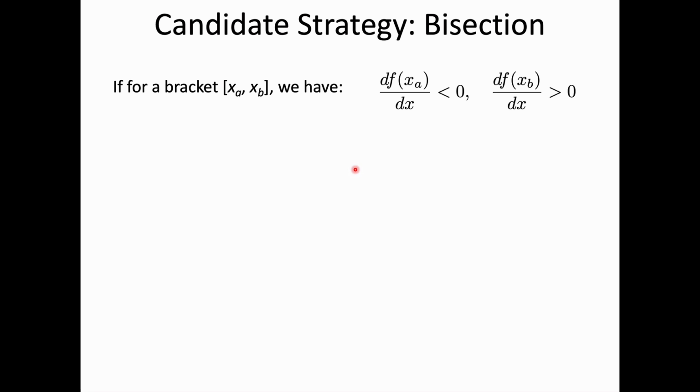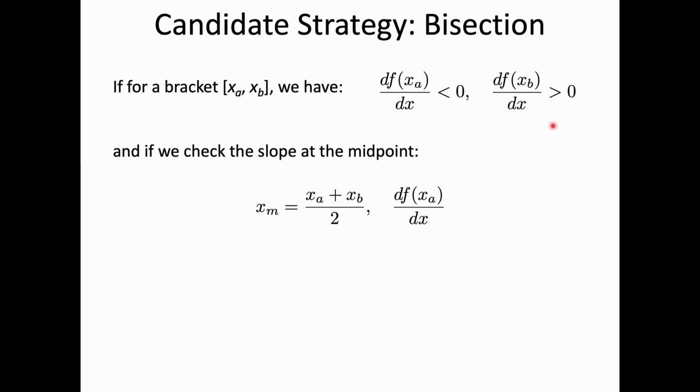So here, suppose we have a bracket, xa, xb, and at the left-hand side, the slope is negative, and the right-hand side, the slope is positive. And then if we go to the midpoint, or the point that's halfway between xa and xb, and we can compute that here just using this formula finding the average of xa and xb, then we can compute the derivative at that point. Then it gives us some really important information.